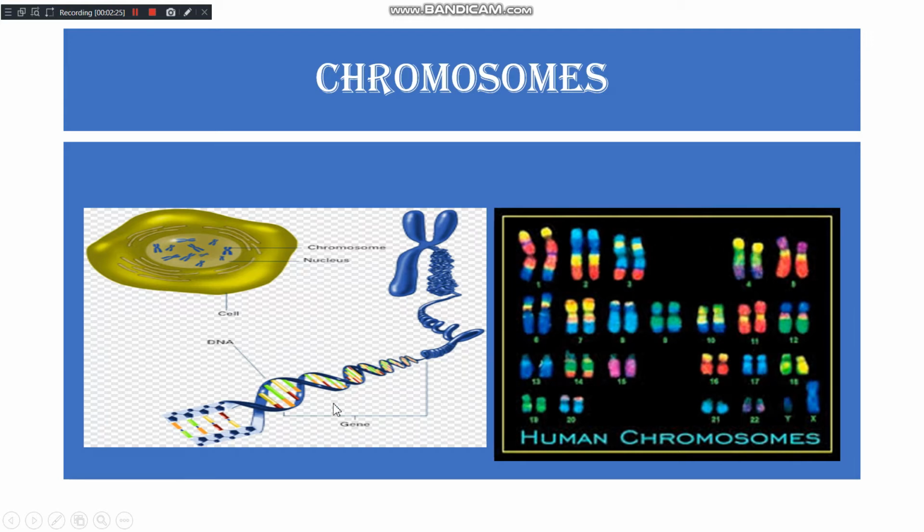In one chromosome there are so many genes present, and every gene is responsible for a specific characteristic. In every human cell there are 23 pairs of chromosomes, which means 46 chromosomes, and in the chromosomes the genes are responsible for the characters.